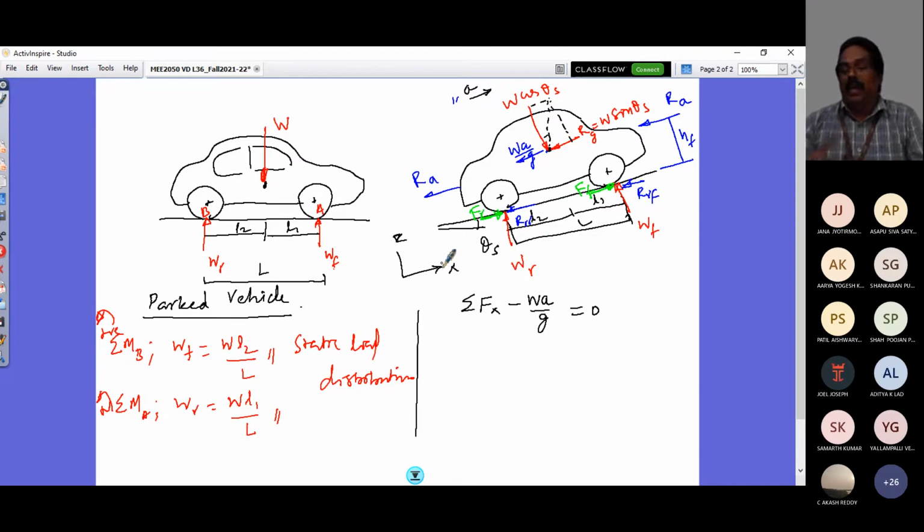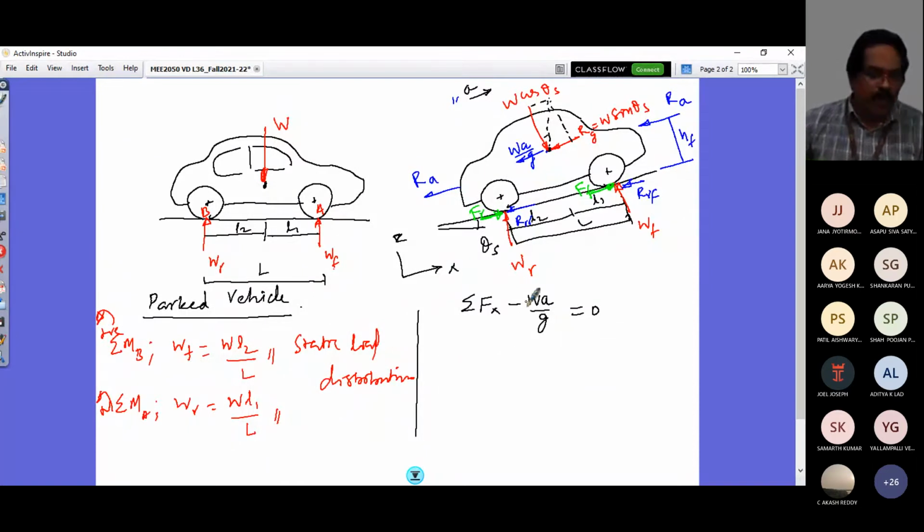If I have my ISO coordinate system at the CG location, you would have your right-hand coordinate system fixed like this. Your X would be the forward direction, this would be the vertical direction, and from right to left would be the positive Y direction. Now I can write my equation.